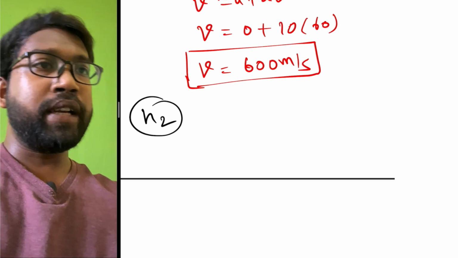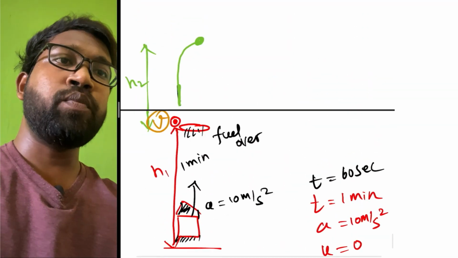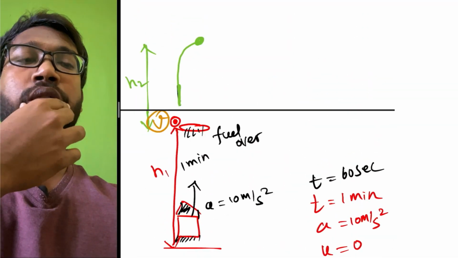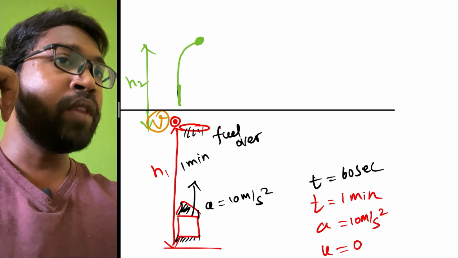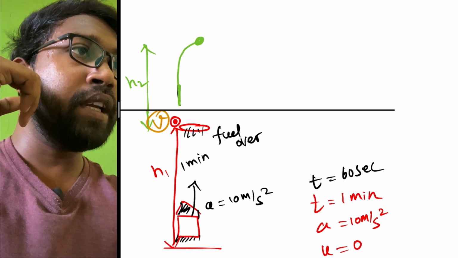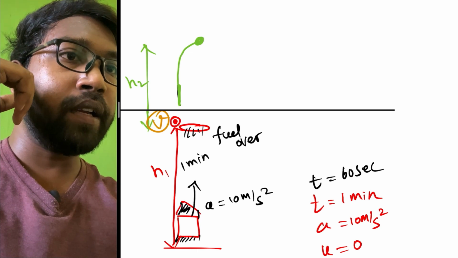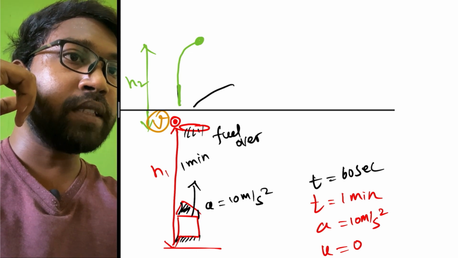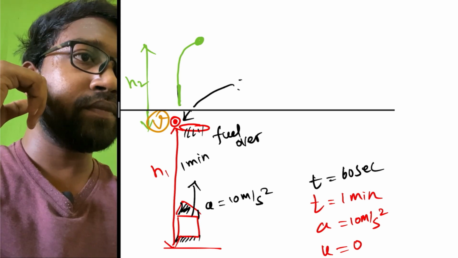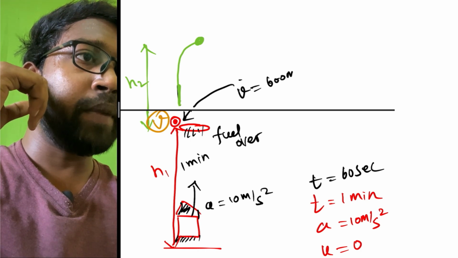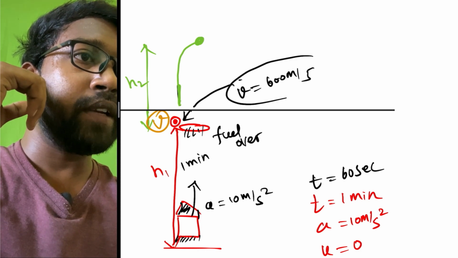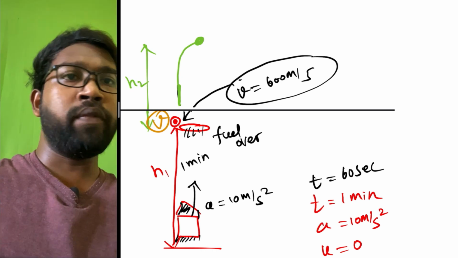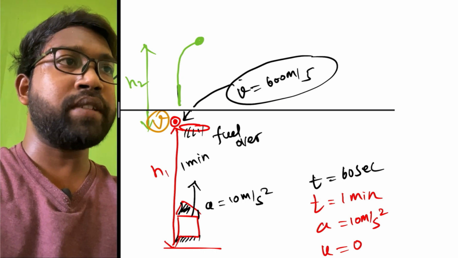Okay, to find H2, it is moving under gravity. So what information do we have on our hands? At this particular point, the velocity is 600 meter per second. This is the information we got. So it is moving against gravity, under gravitational acceleration.